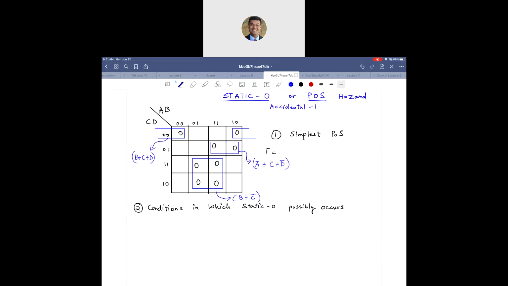So the simplest product of sum would be, let's see, F equals ANDed with one more term.